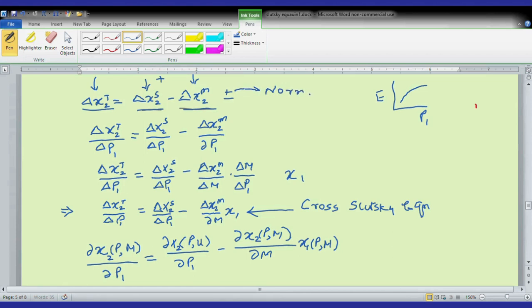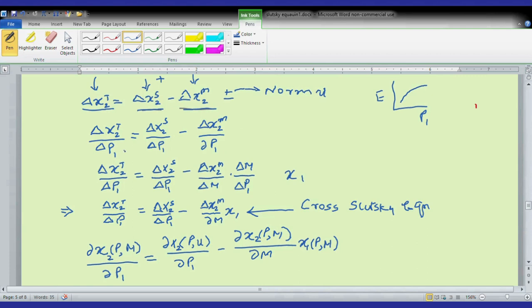And then we have this cross Slutsky equation written in terms of the delta terms. So delta x2t divided by delta p1 equals delta x2s divided by delta p1 minus delta x2m divided by delta p1. The same steps are involved.